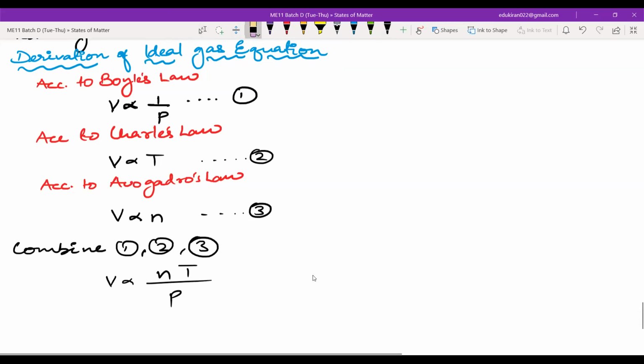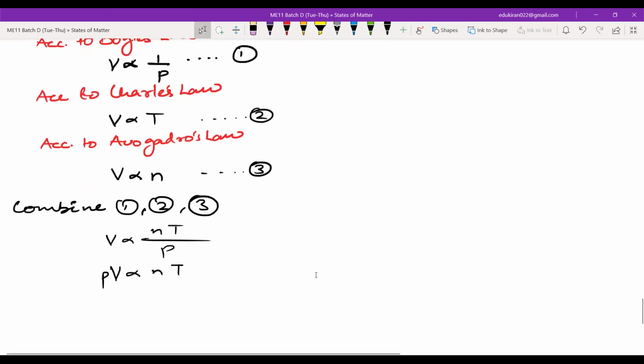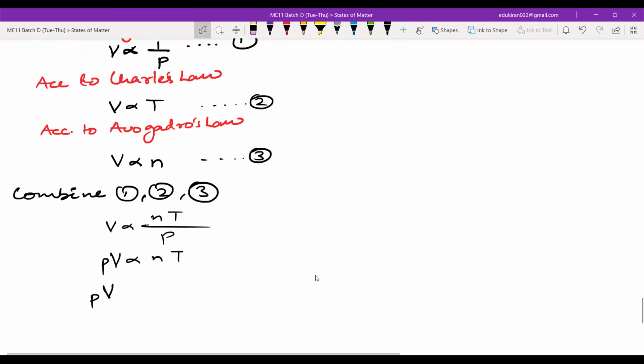From here, we can write pressure into volume is directly proportional to number of moles into temperature. We can introduce a constant: PV is equal to nRT. Okay, so what is R? R is the universal gas constant.